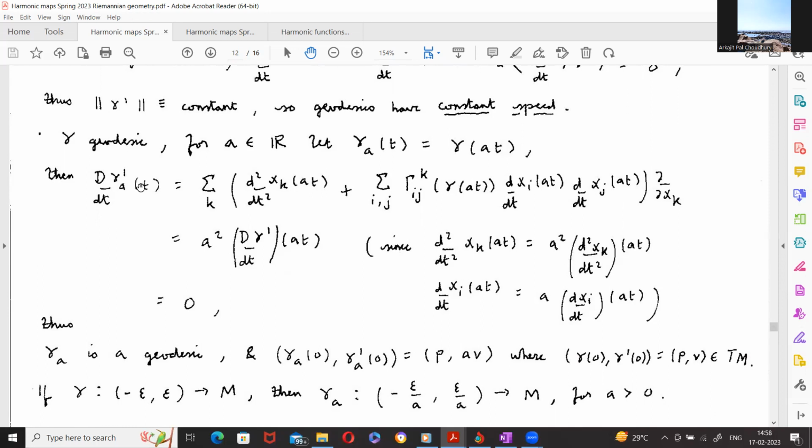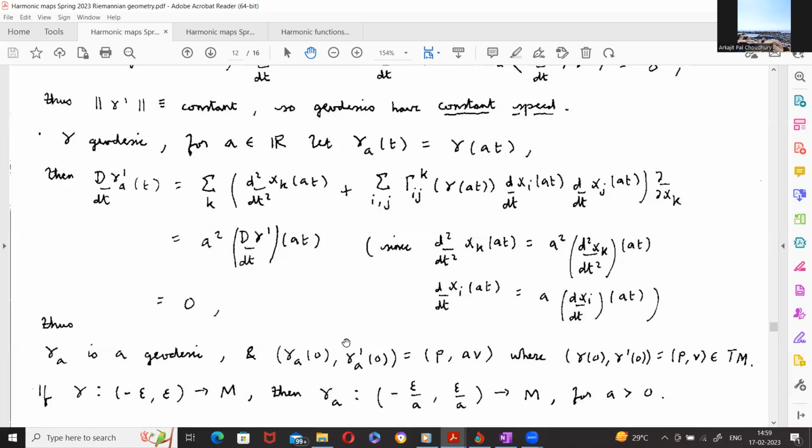But what is this? By the formula for the covariant derivative, this is going to be the sum over k of d squared dt squared of xk of at, plus the sum over ij of gamma ijk of gamma of at times d dt of xi of at times d dt of xj of at. Now by the chain rule, d squared dt squared of xk of at is going to be a squared times d squared xk dt squared at the point at.